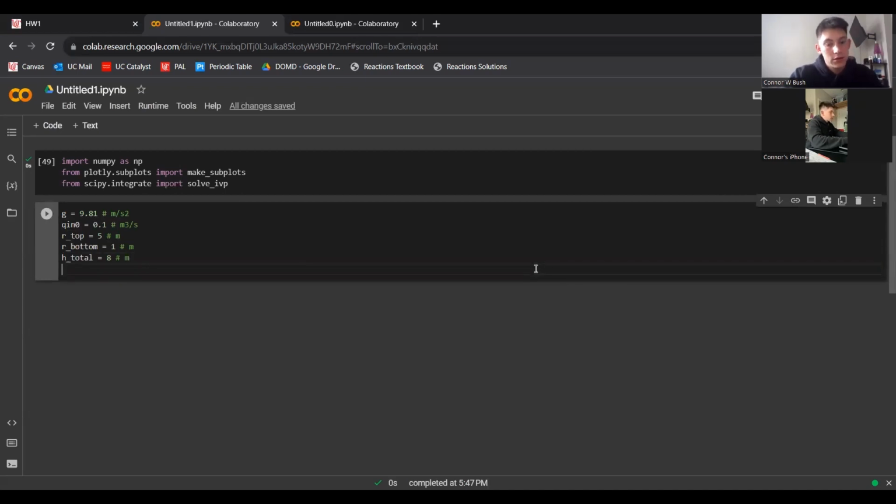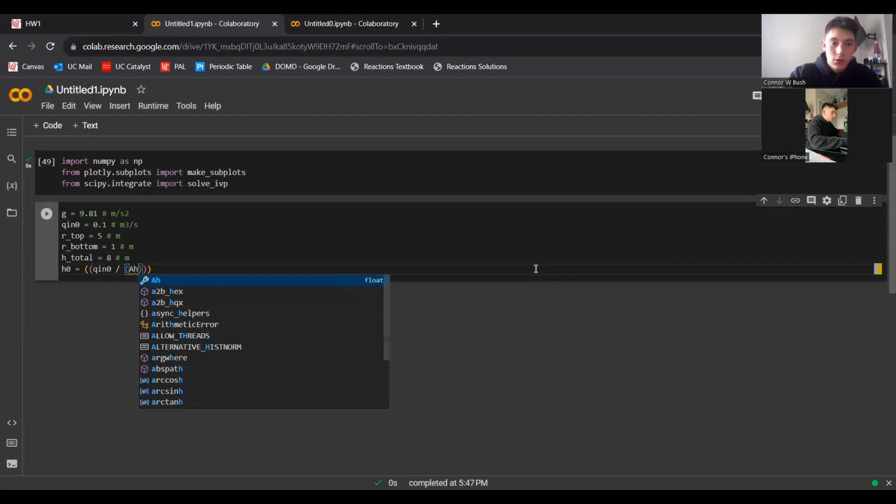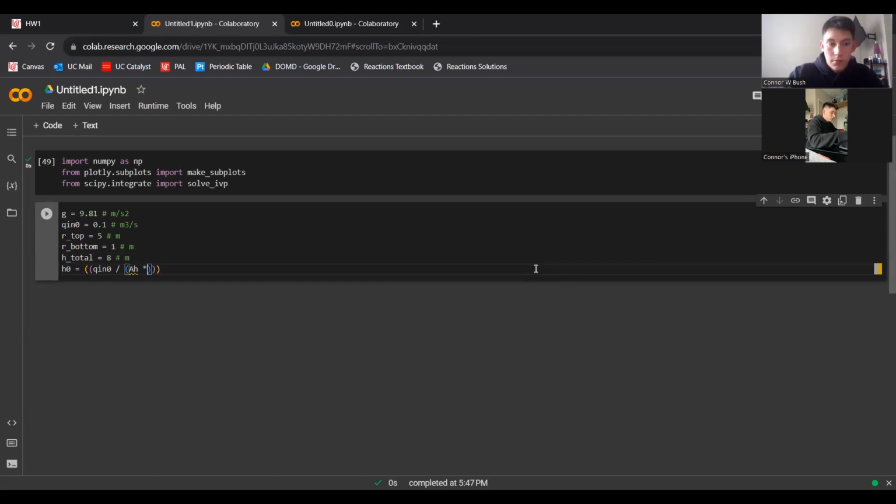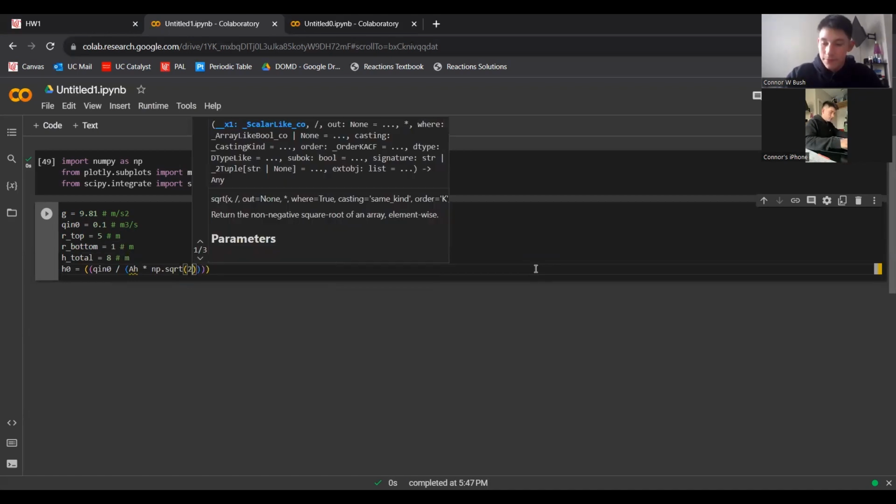We know that we're going to need to use an initial guess, so we're going to include h naught here, and that is from the equation we derived here. So that is equal to the initial flow rate in divided by the cross-sectional area of the hole, which we'll have to initialize above, multiplied by the square root of 2g.